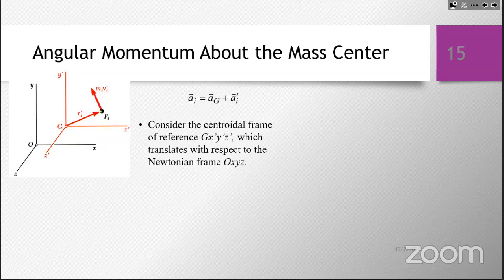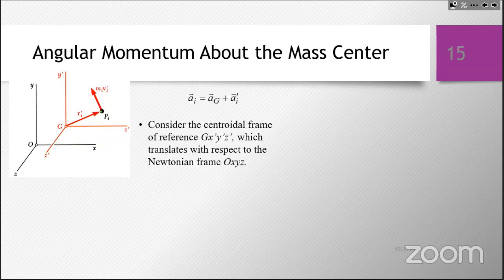And what is a_i prime? Well, notice a, this is the total acceleration, and because it doesn't have the prime, it's referring back to this origin. So how do I look like I'm accelerating from standing here versus how do I look like I'm accelerating from standing here? Now, why do we have multiple accelerations for the other frame, for G?